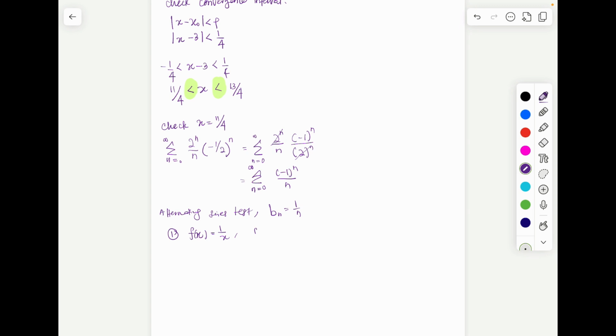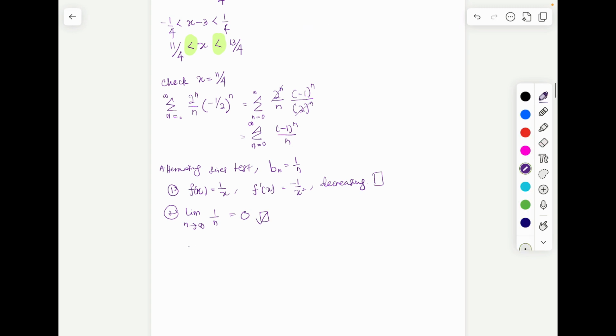The first derivative is −1 over x squared, so it is decreasing. Second condition, we find the limit as n goes to infinity of 1 over n. 1 divided by infinity becomes 0, so it also fulfills the second condition. Therefore the series converges at x equals 11/4.